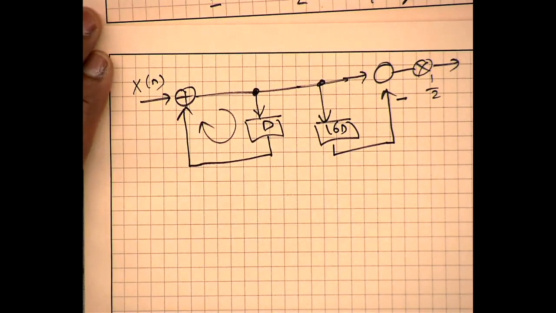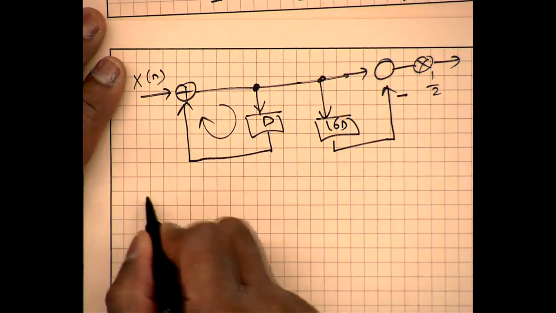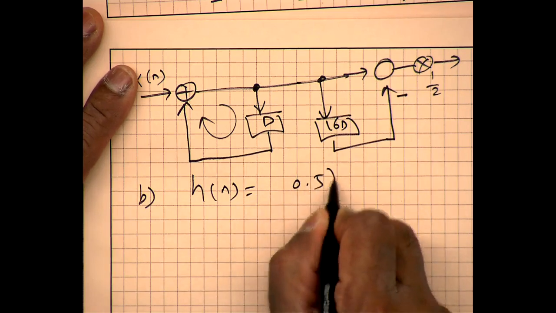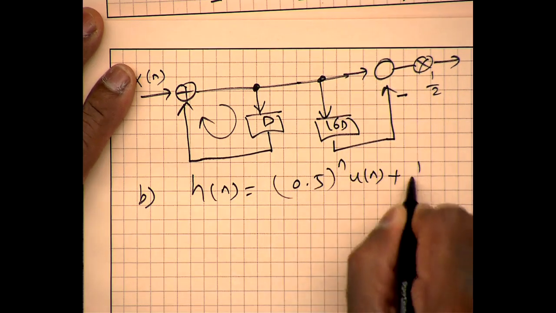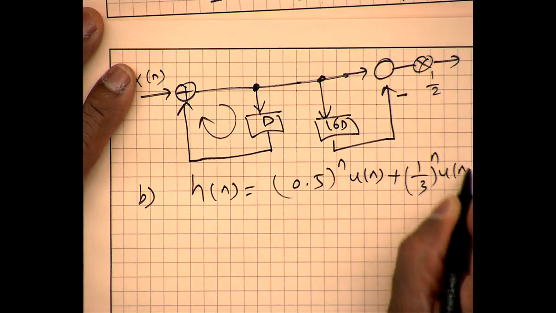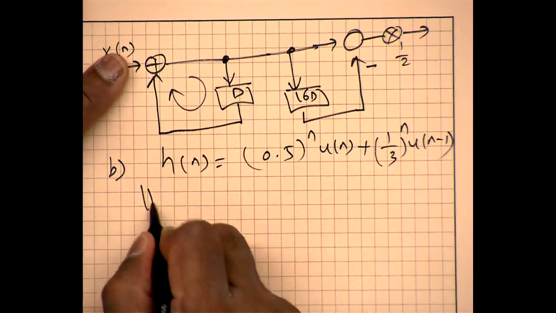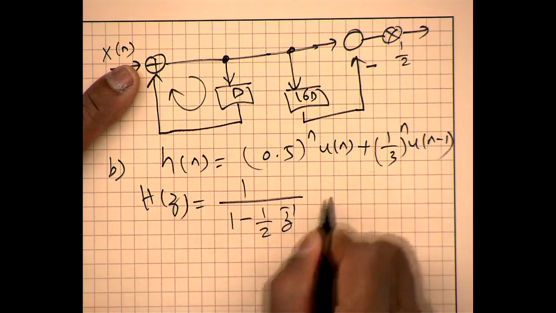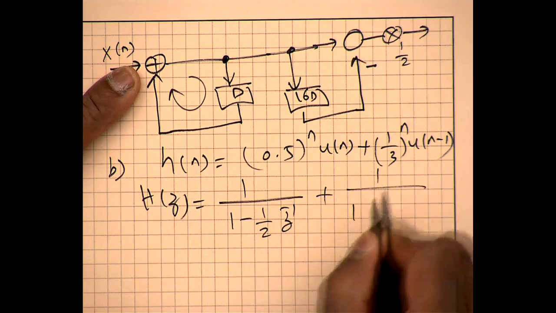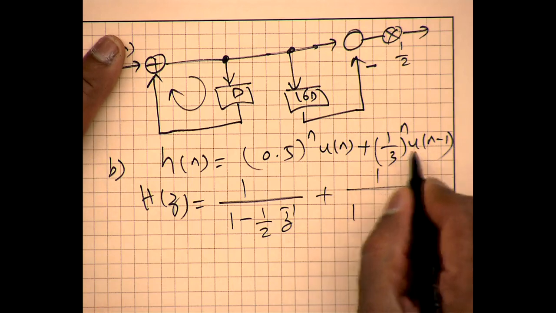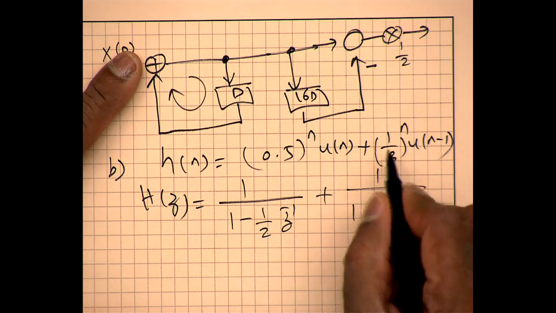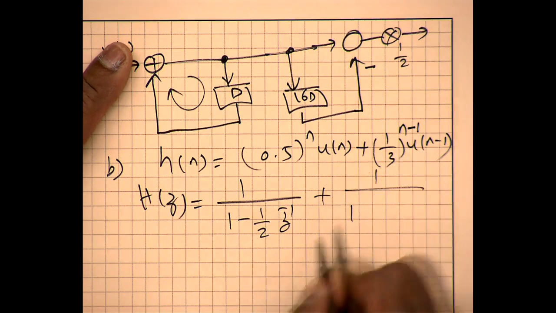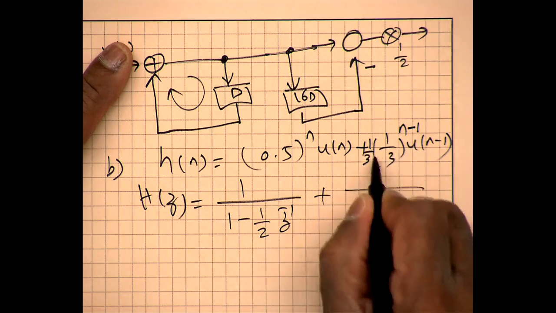However, I believe part B might be, so in that part B problem we had h[n] equal to 0.5 to the power n u[n] plus 1/3 to the power n u[n minus 1], and then they take the z transform, that's 1 over 1 minus a half z to the power minus 1 plus 1 over 1. Okay, because of that u[n minus 1], let's write this as 1/3 to the power n minus 1 u[n minus 1] times 1/3.